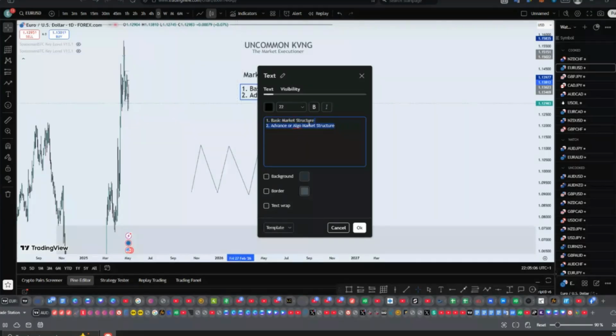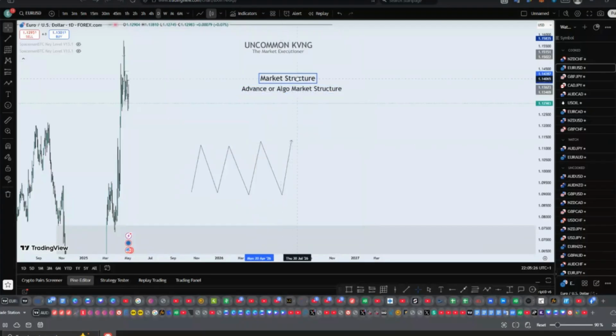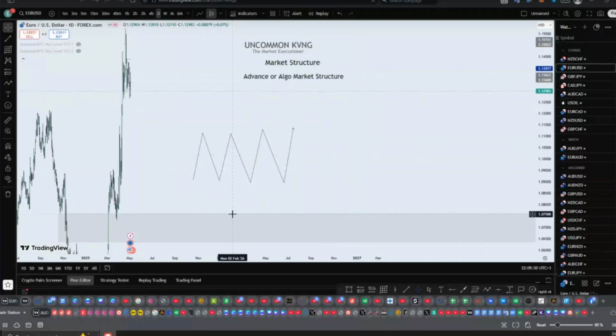The difference between basic market structure and the advanced or algo market structure is what? Liquidity. Since every other thing is constant, which is the breakout and the volume two, it's liquidity.